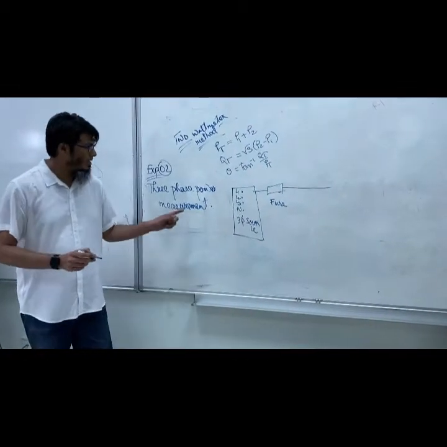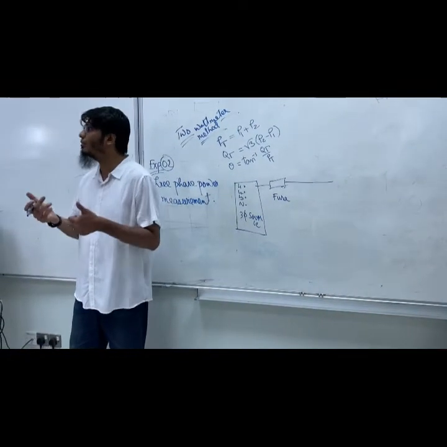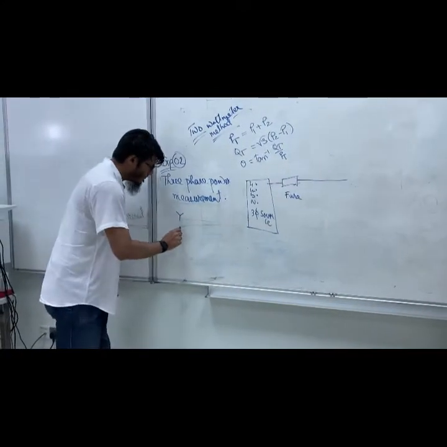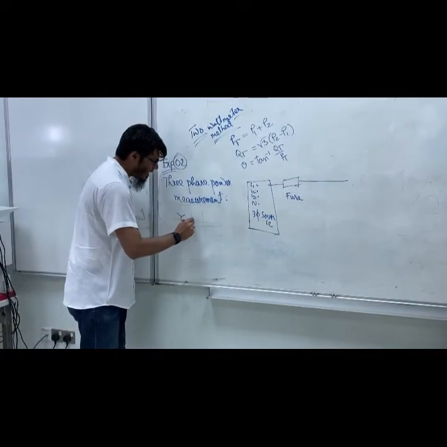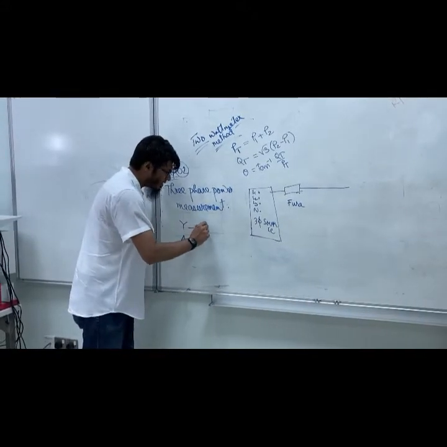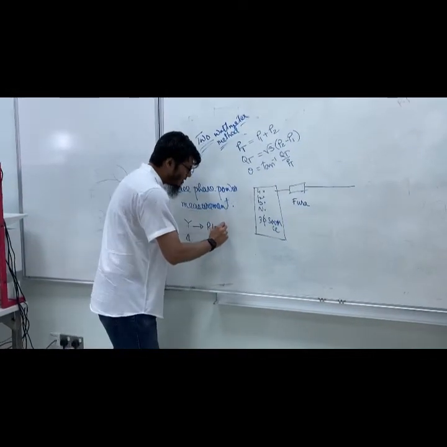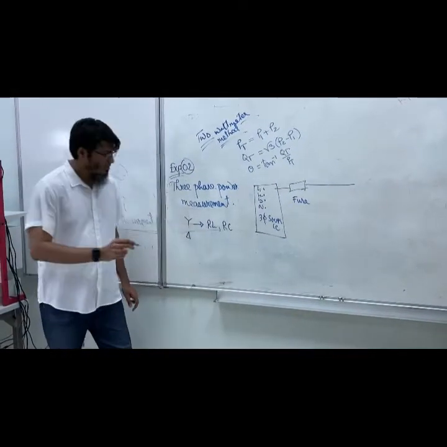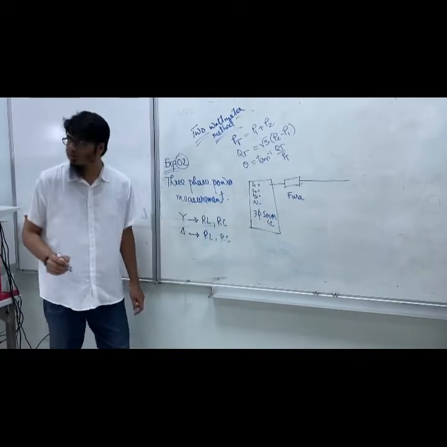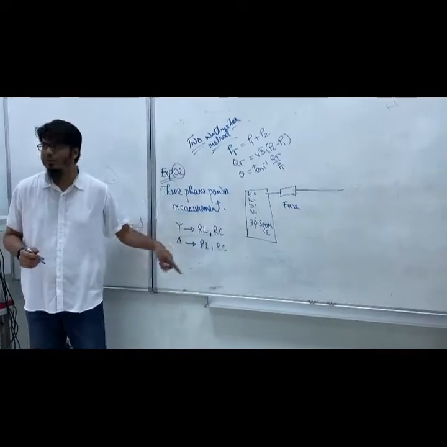Now tell me what type of loads we have if you want to make the three-phase network. It can be of 2 types, right? Either Y or delta. Inside the Y, we have 2 options. One option is inductive, that means RL, and the other is capacitive, which is RC. Similarly, for delta, we can have either RL or RC. In the lab manual, it is asked to do all 4 different types.